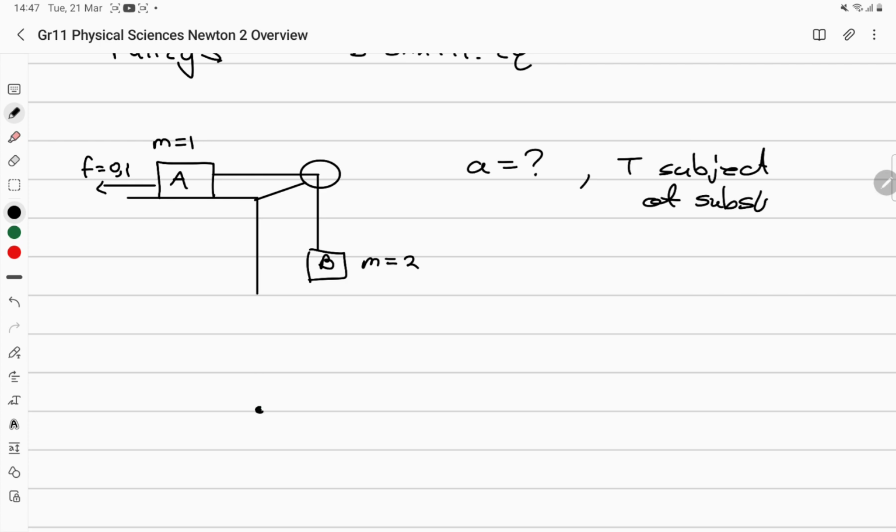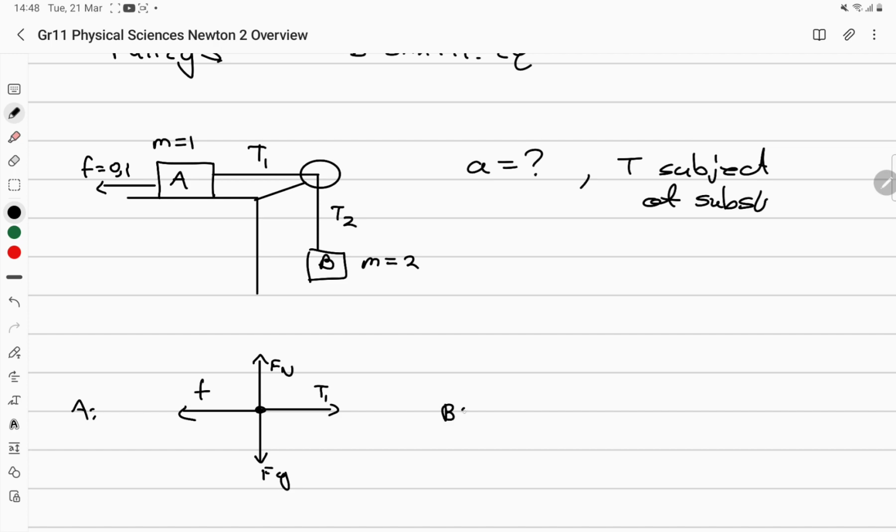First of all, free body diagrams of A and of B. Okay, let's do that quick. For A, we have a friction left. It has an FG, it's on a surface, so it has an Fn, and it's being pulled to the right by tension, let's call it tension 1, and this is tension 2, and we have friction left.